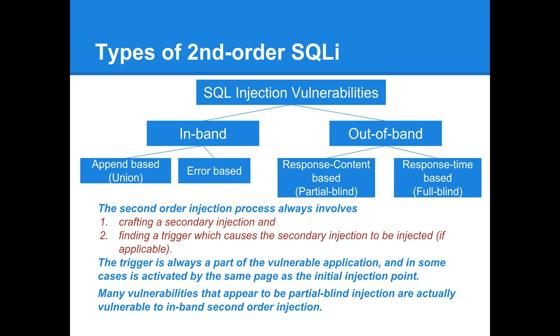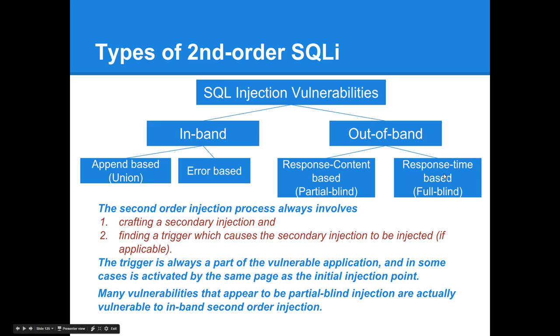So, the general process for exploiting a secondary SQL injection vulnerability, or second order rather, is first crafting the secondary injection to exploit the specific vulnerability category, whether it is append-based, error-based, partial blind, or full blind.